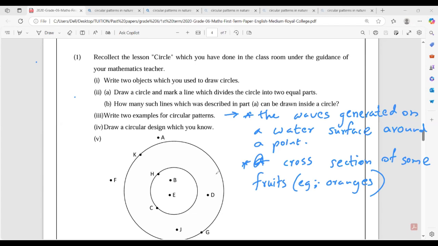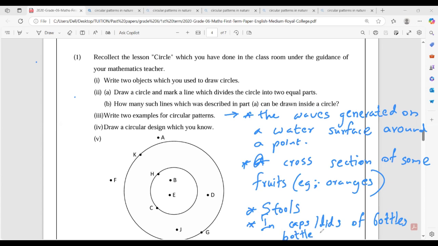Fine. And you can see man-made circular patterns, especially in designs, right? Maybe in some stools, you can see some circular patterns, and also you can observe them in caps or lids of bottles, and also in bottlenecks too, right?